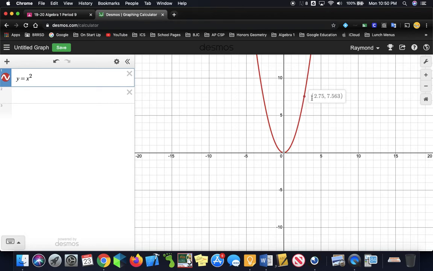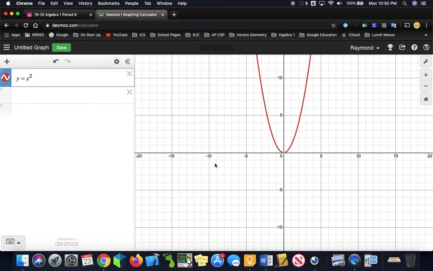So while you can't see a table of values, you can move this around until you find the points you're looking for. Like I know the point (3, 9) is on this graph, and you can see the mirror image points on the other side as well. The point (-3, 9) is also on the graph.